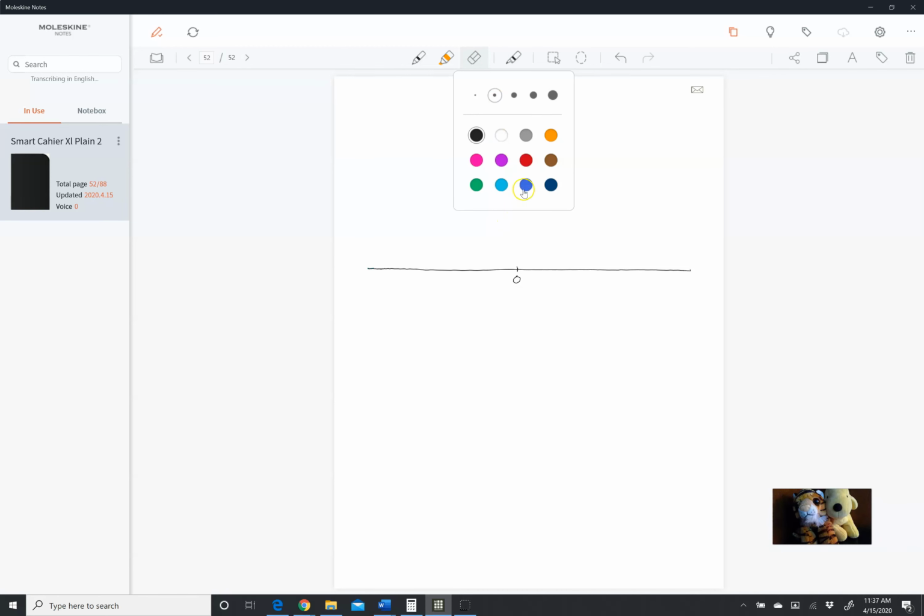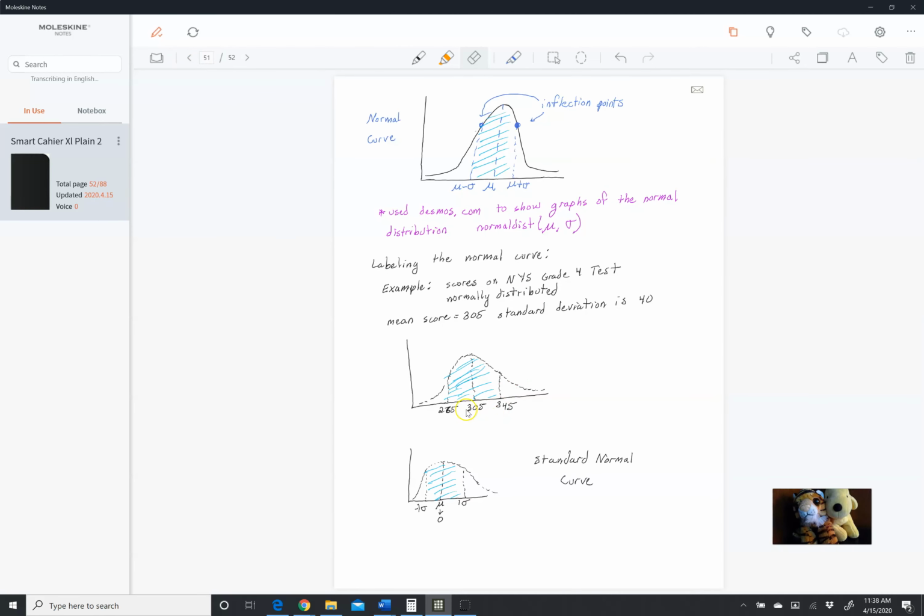These numbers are the number of standard deviations away from the mean. So if we were being very specific to a certain situation, then this would just be whatever number the mean is. Just like over here, we said that it was 305, right? Here we're just labeling it 0 because we're saying this is what the mean is.